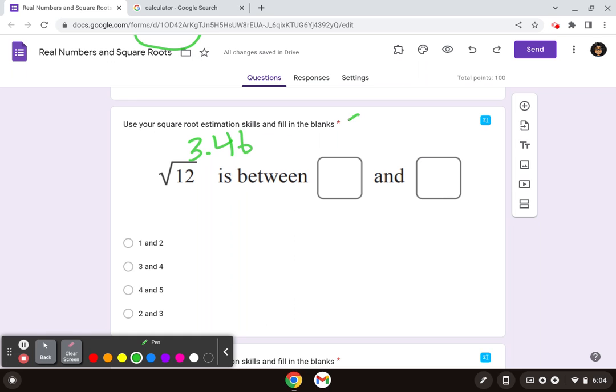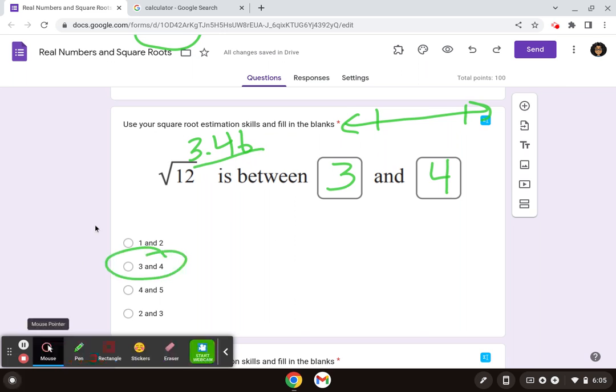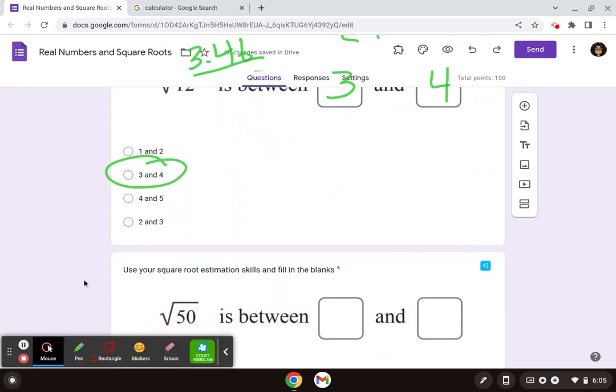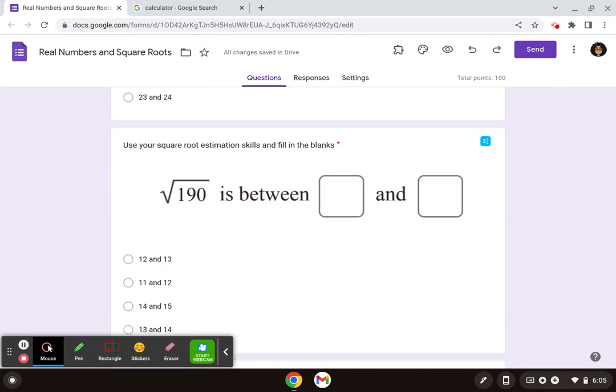If I were to put 3.46 on a number line, what two whole numbers would I put that number in between? Well, it's greater than 3, so I know 3 is going to go here, but it's less than 4. If you have to think like money, think like money. $3.46 is in between $3 and $4. So this one right here would be your answer. Okay? Go ahead and continue this. Try the rest.